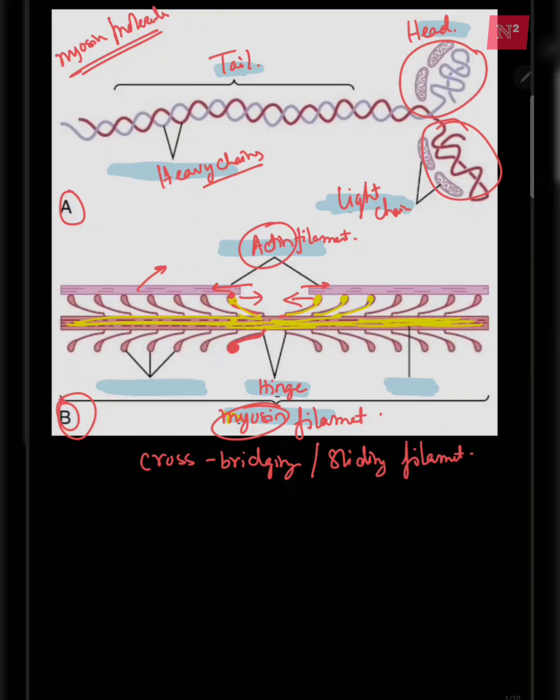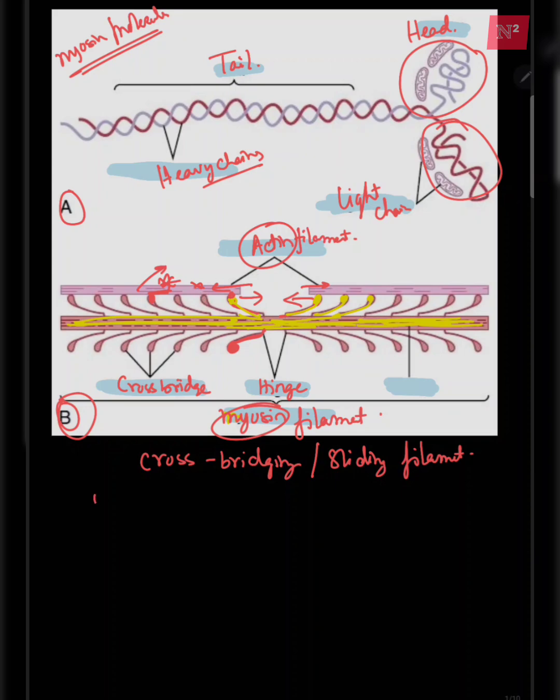Now this is the B, which is showing you a cross bridge, BRIDGE. So there is a bridge being formed between the myosin molecule and the actin molecule. So here, for example, these are the cross bridges.